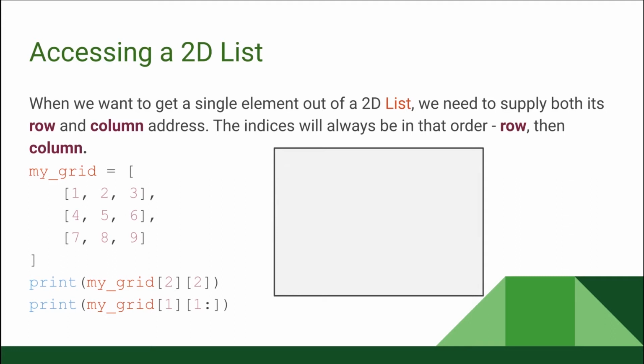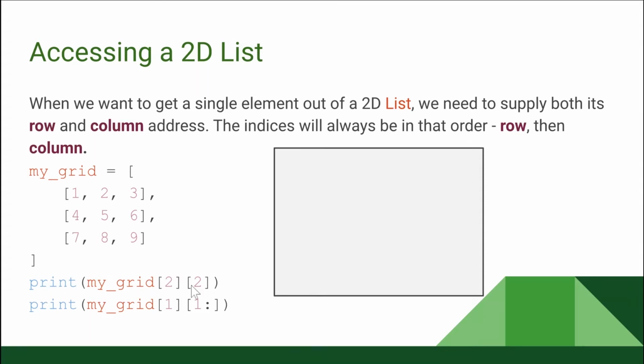If I want to grab a single element out of a 2D list, I need to supply both the row and the column index for that value. And those two indices are always going to be in that order. First you say the row, then you say the column, and you're going to have each of those values within their own set of square brackets, as you can see here. So if I want to grab from my grid row number 2, I have 0, 1, 2. That's the 7, 8, 9 row.